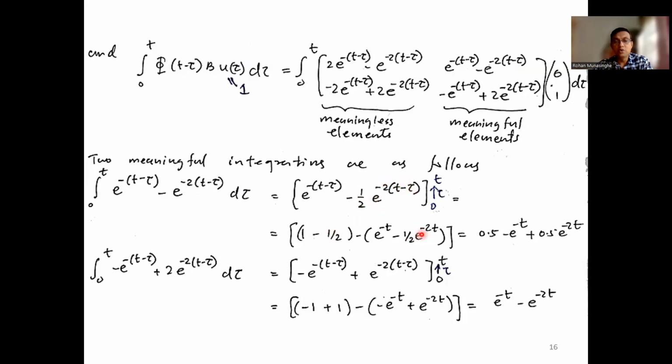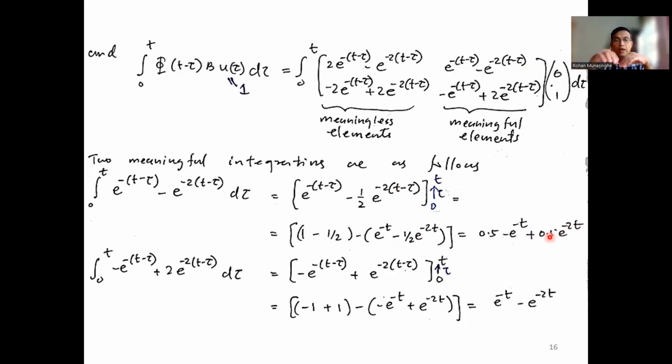Finally, you get this term over here when you substitute 0 for tau. So it will be e to the minus 2t, and in front of that, we have half. This one is positive, this one is negative. So this is the result, 0.5 minus e to the minus t plus 0.5 e to the minus 2t. So this is the first row element.